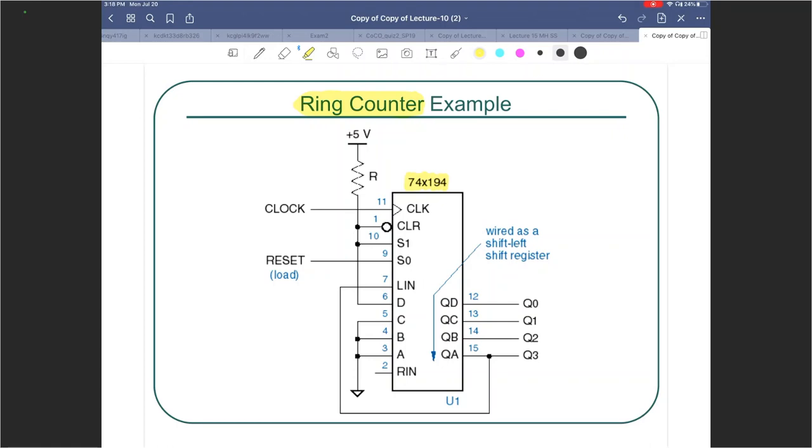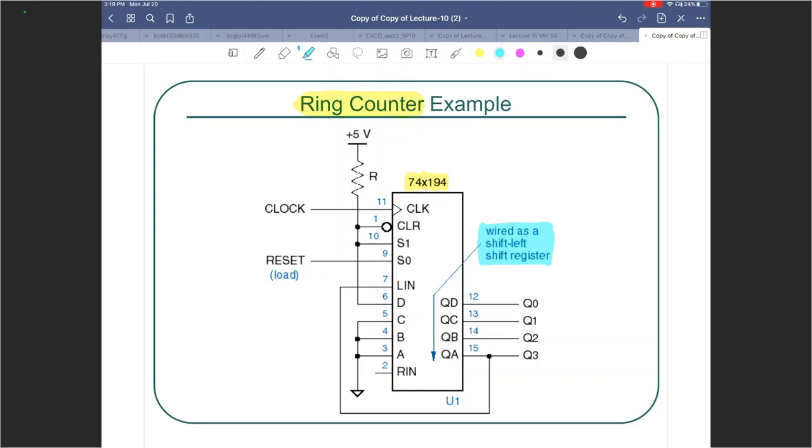The claim is that we have wired it as a shift left shift register. That means out of the 4 modes, we have picked the shift left mode. What is that mode? S1 is 1 and S0 is 0.